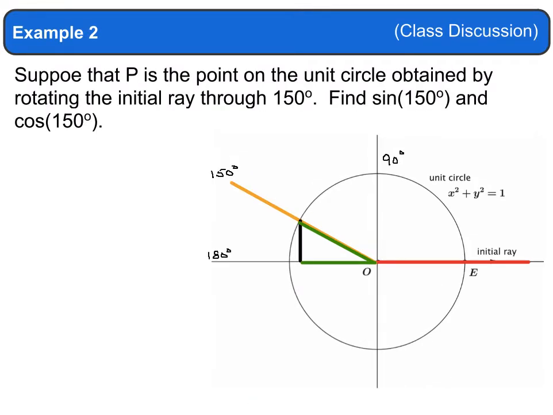And so what I can observe and write is that this is going to be 30 degrees right here, because the difference between 180 and 150 is 30 degrees. This is going to be my 90 degrees. And so therefore this has to be my 60 degrees. Now that just means it's in a different location.